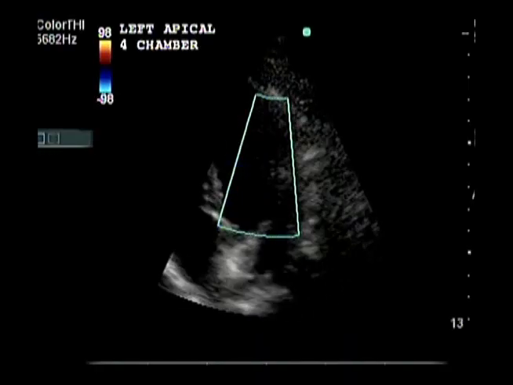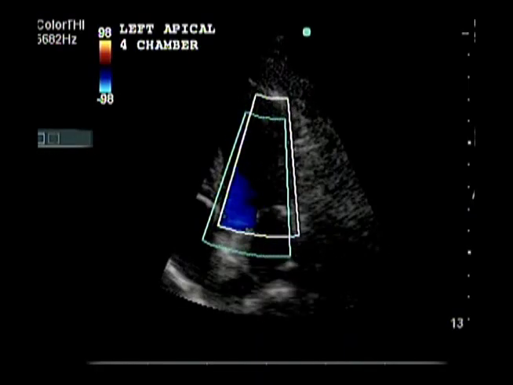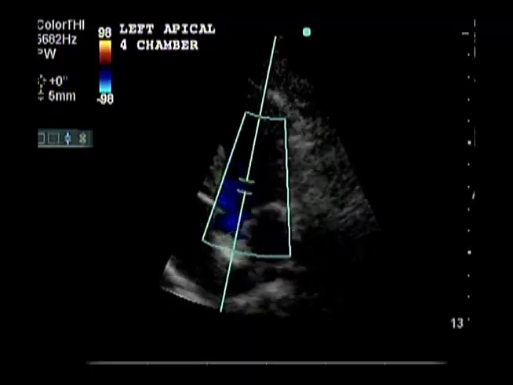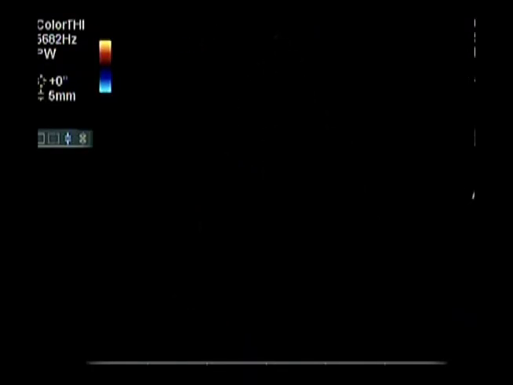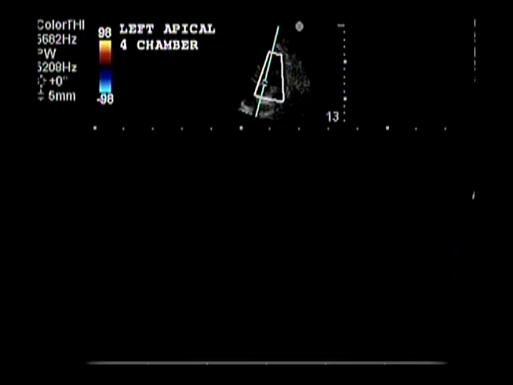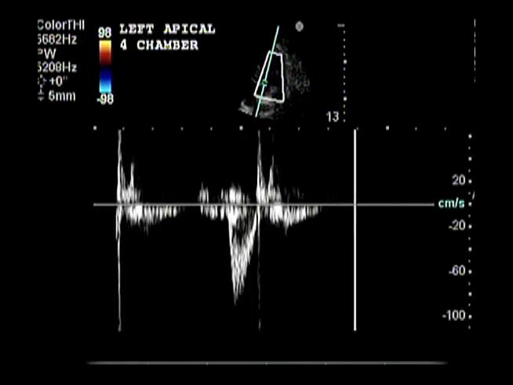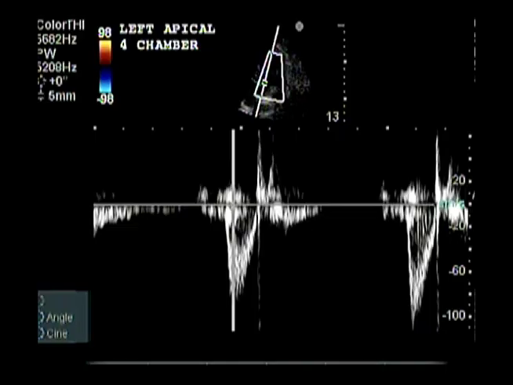They are usually underestimated. Therefore, if the patient's systolic blood pressure is measured and the maximum flow velocity of the aortic valve is measured, a pressure gradient can be calculated and the pressure of the left ventricle can be estimated.